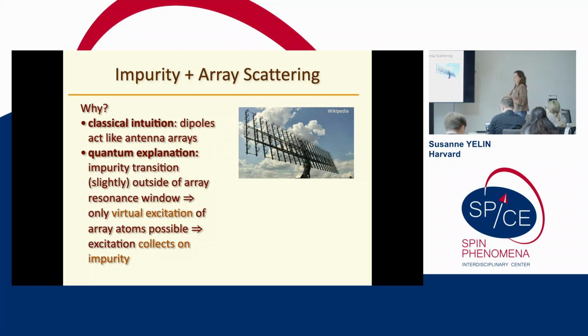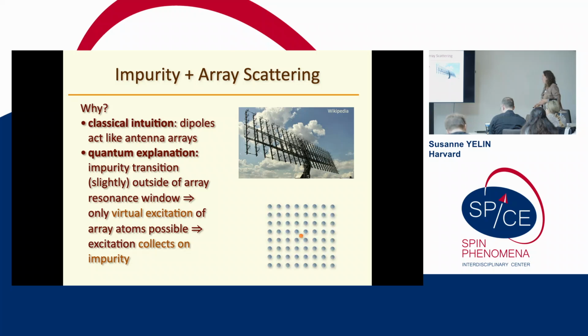And we get the virtual excitation basically by exciting slightly outside the resonance window of the array atoms. And in that case, we send our light in there, and it basically immediately collects all on the impurity.